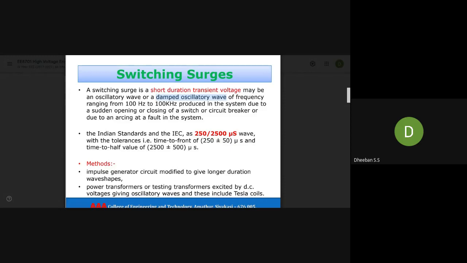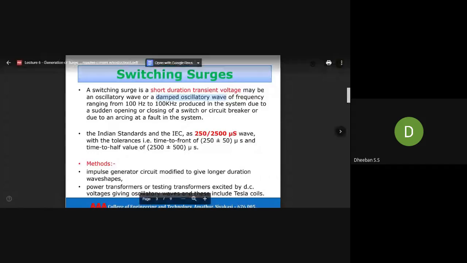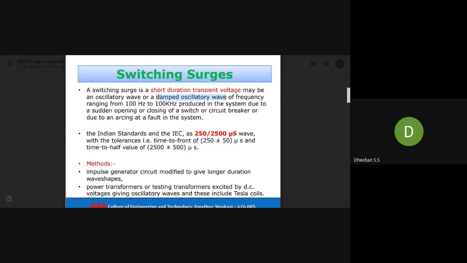As per the IEC standards, the switching surge is 250 to 2500 microseconds. They also give the tolerance value: for the time to front, it is 250 plus or minus 50 microseconds, and for the time to half, it is 2500 plus or minus 500 microseconds. These are the two things.